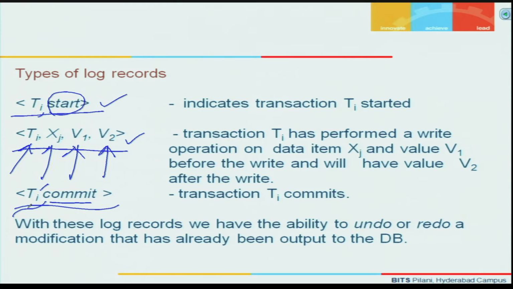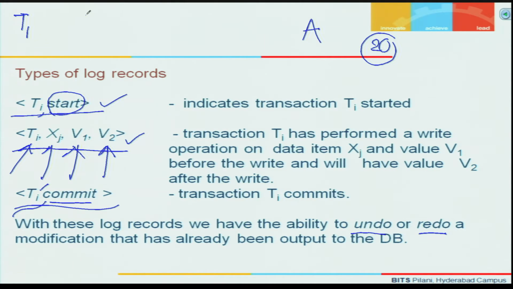With these log records, we have the ability to undo or redo a modification that has already been output to the database. We have two operations here, the undo operation and the redo operation. Suppose there is a data item A and the actual value in the database was 20. Now let us assume that transaction T1 is started.